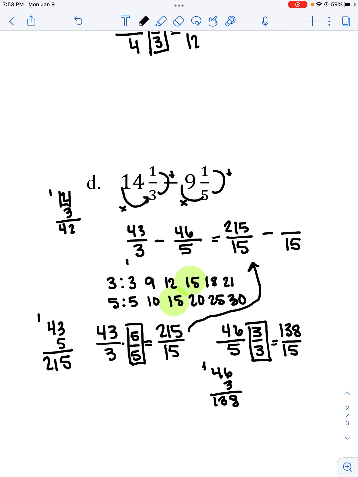So my 215 15ths is here. 138 15ths there. 215 minus 138. Borrow from my 10. 15 minus 8 is 7. 10 minus 3 is 7.